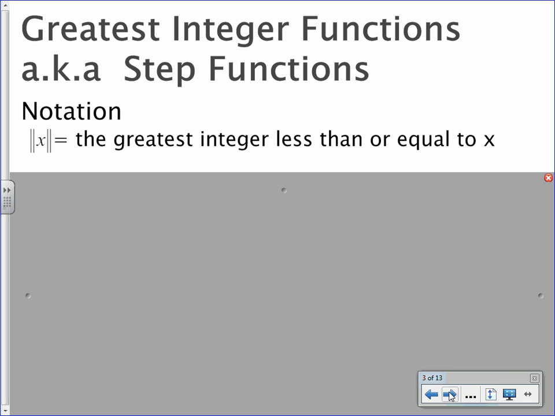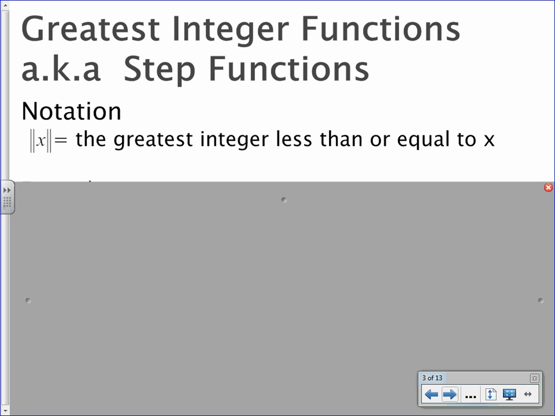When we say greatest integer, we say the greatest integer less than or equal to x. Okay? What does that mean? If I say, what is the greatest integer of 1/2?